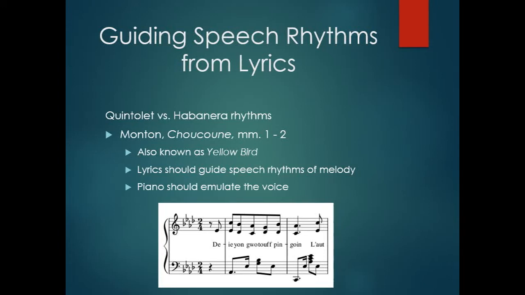If you were to sing this piece, or if you know Haitian Creole, you could allow the singing rhythms of language to dictate the melodic rhythms. Here we're applying the conversion method again with this piece.